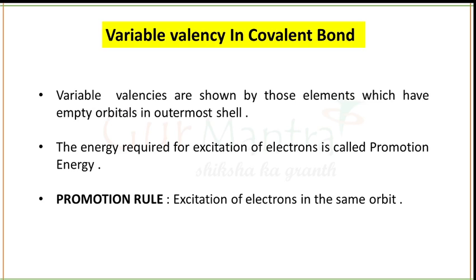Meaning an atom can increase its valency, and that increment in the valency is known as covalency. An atom can have multiple covalencies depending upon the number of electrons present in the orbitals.